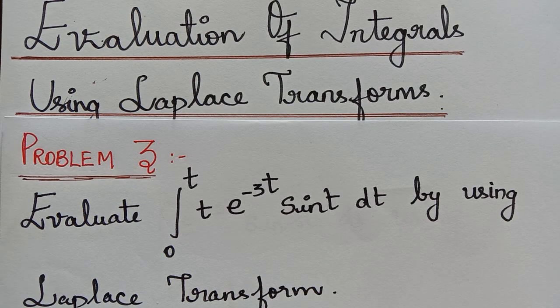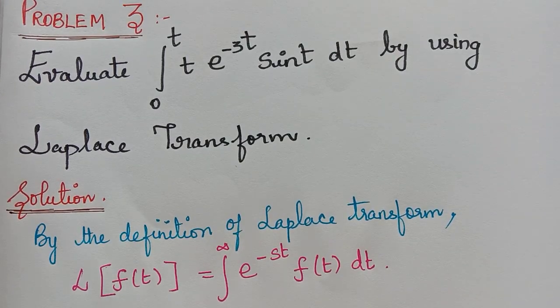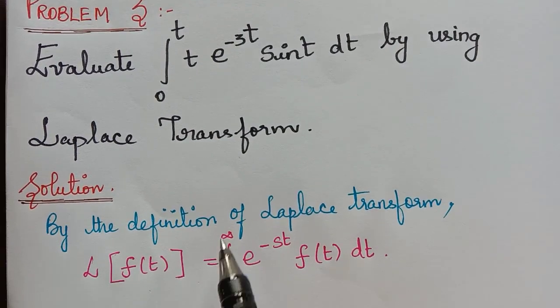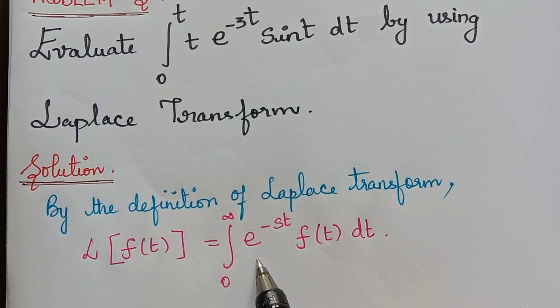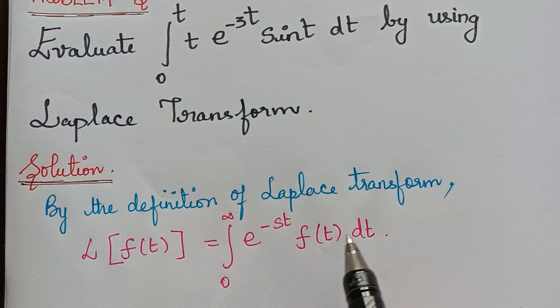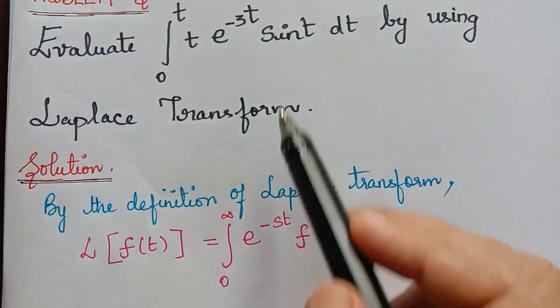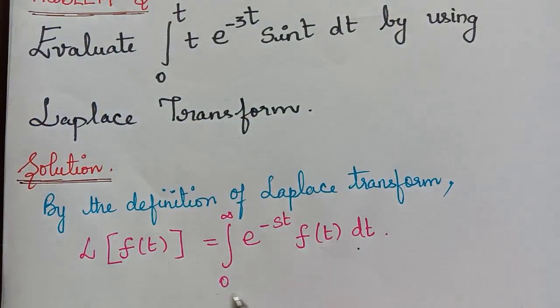So by the definition of Laplace transform, we know that Laplace transform of f of t is equal to integral 0 to infinity e to the power negative st f of t dt. So now we shall write the given integral in this format.